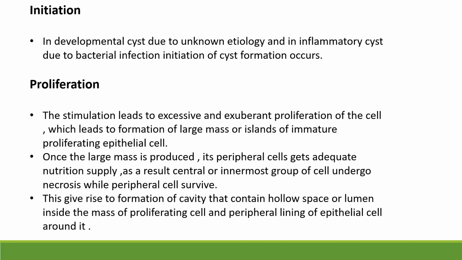Once the large mass is produced, its peripheral cell gets adequate nutrition supply. As a result, central and the innermost group of cells undergo necrosis while peripheral cells survive. This gives rise to the formation of the cavity that contains hollow space or lumen inside the mass of proliferating cell and peripheral lining of epithelial cell around it.